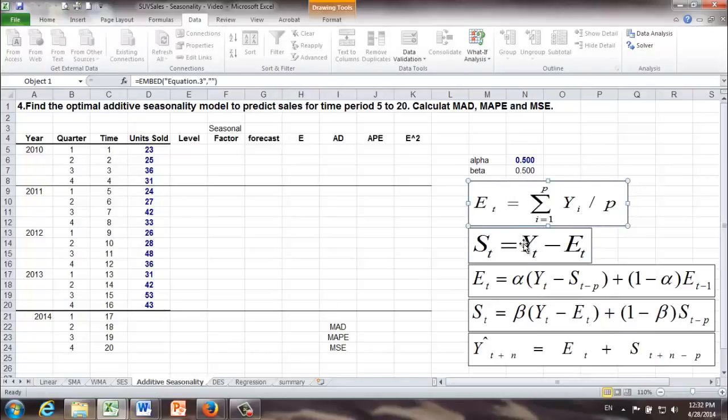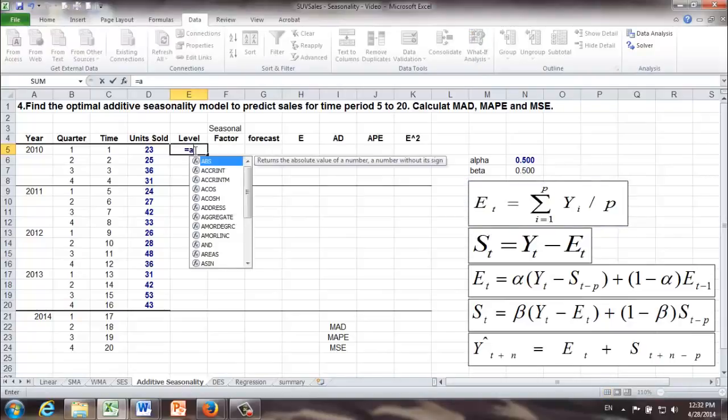Okay, here's how it works. Because P is equal to 4, 1 year has 4 quarters, we cannot calculate base levels for time periods 1, 2, 3, and 4 using the regular formula over here. Instead, here's what we're going to do. We're going to use the first formula.